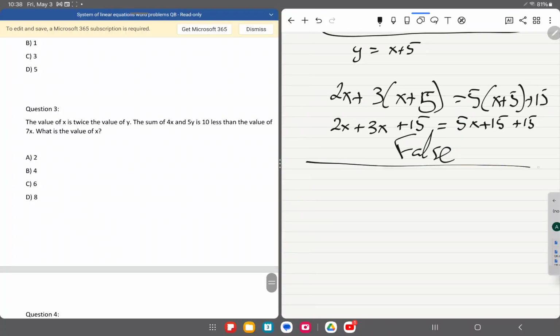Question 3. The value of x is twice the value of y. So if I'm saying the value of x is twice the value of y, I'm going to have to write x is equals to 2y. Now the sum of 4x and 5y is 10 less than the value, minus 10. So they want us to figure out the value of x.